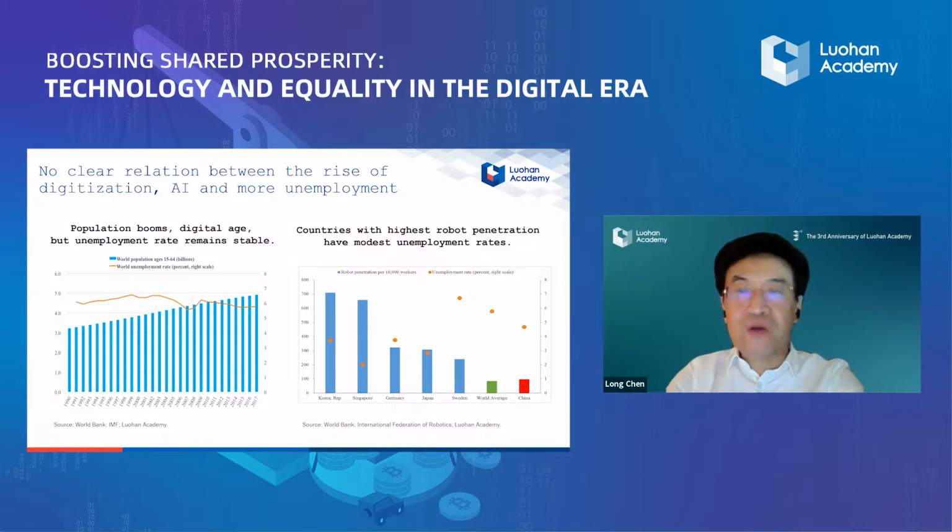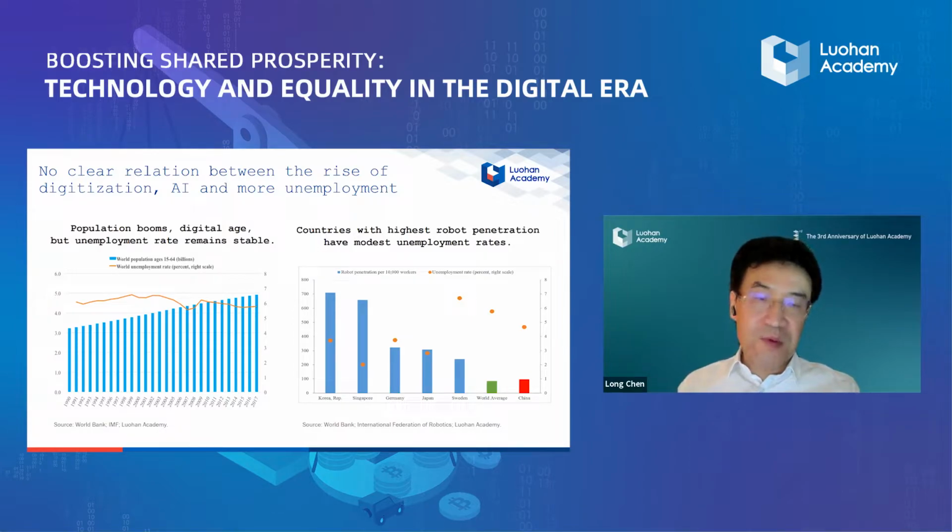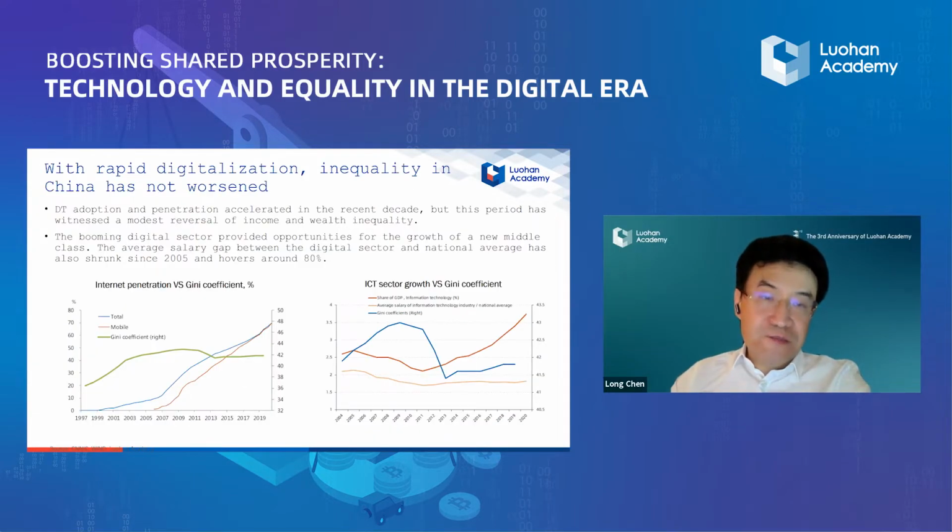On the right panel, some countries have very high robot penetration, and some lower, but there's very little relation with the unemployment rate. So probably, as David Autor has mentioned, a lot of augmenting new jobs are coming up. Anyway, the unemployment rate is not going up yet.